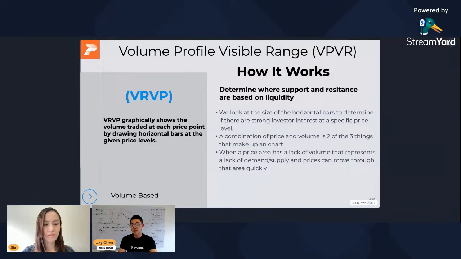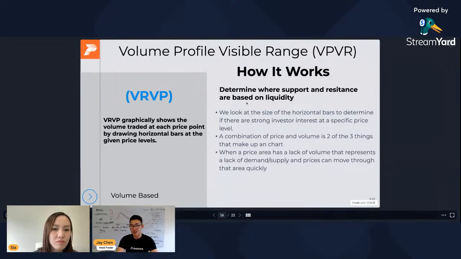So let's repeat, let's see if you guys remember: what makes up a market? It's price, volume, and time. And this indicator takes into consideration price and volume. And that is why this indicator is a beast of an indicator.